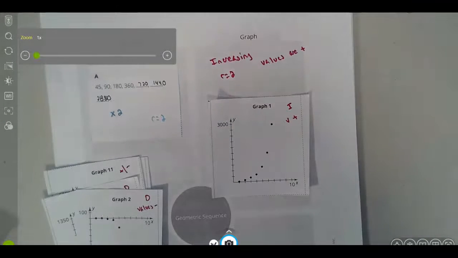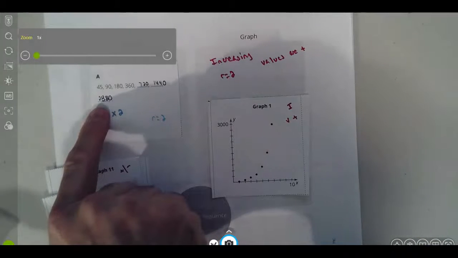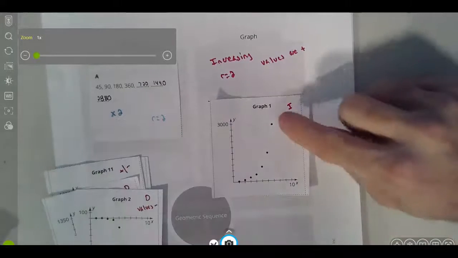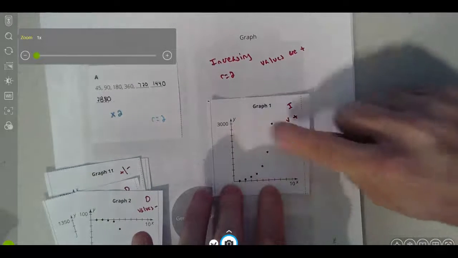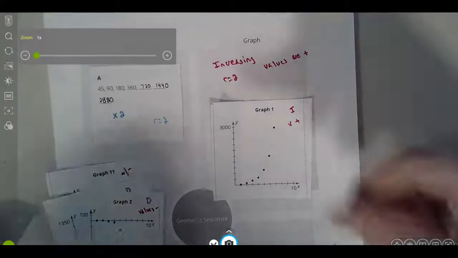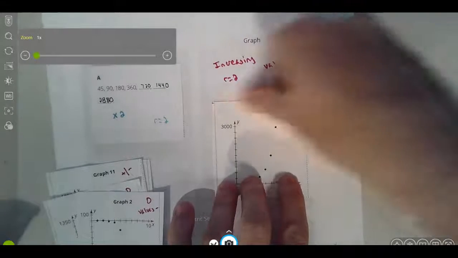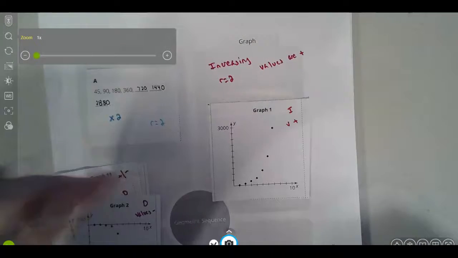Yes. And if I look at this, the last term that I have is 2,880, which is pretty close to what that value is right there, because that's about 3,000. So we're going to say graph 1 goes with sequence A. So I'm going to take that down.